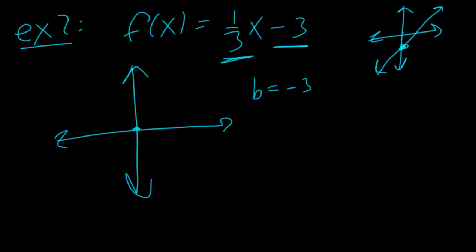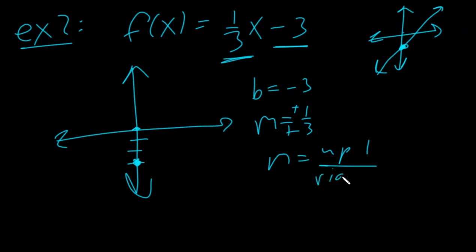That indicates that from the origin, we're going to start by going down 1, 2, 3, and here is our starting point. Now from here, our slope is 1/3, and remember, what that really means is this +1 means that we're going up 1, and this +3 means that we're going right 3.